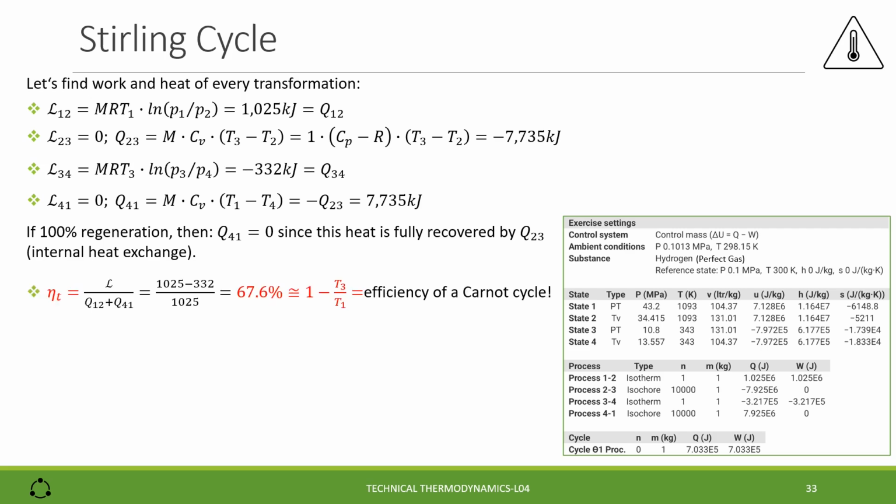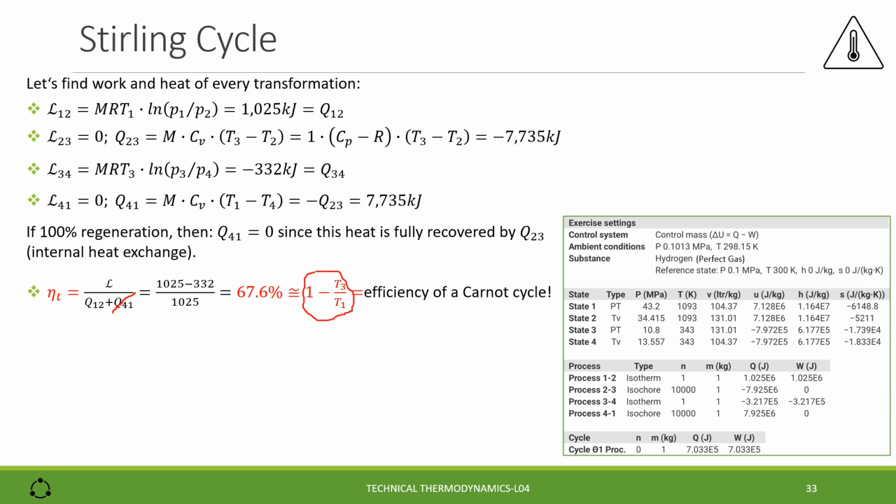The thermodynamic efficiency is, by definition, the ratio between the thermodynamic work and the given heat, that is Q12 plus Q41, but because, as told, Q41 is 0, it remains only Q12, and then we find 1025 minus 332 for the work over 1025 for the heat, that is 67.6%, and we recognize that this is the efficiency of the Carnot cycle.